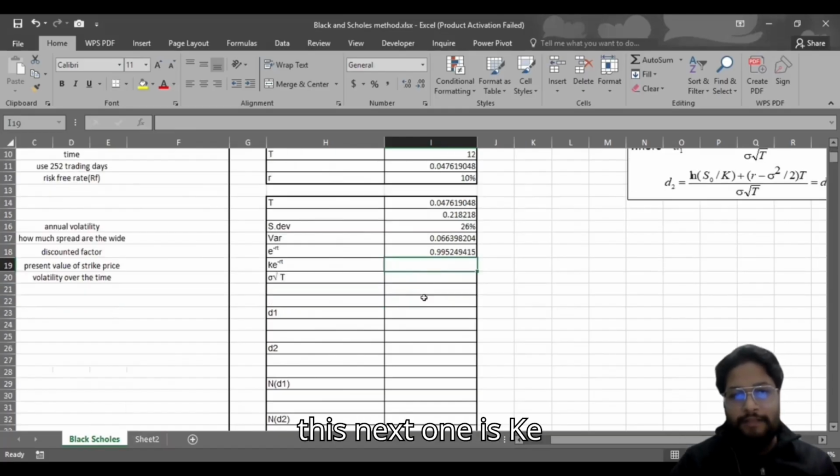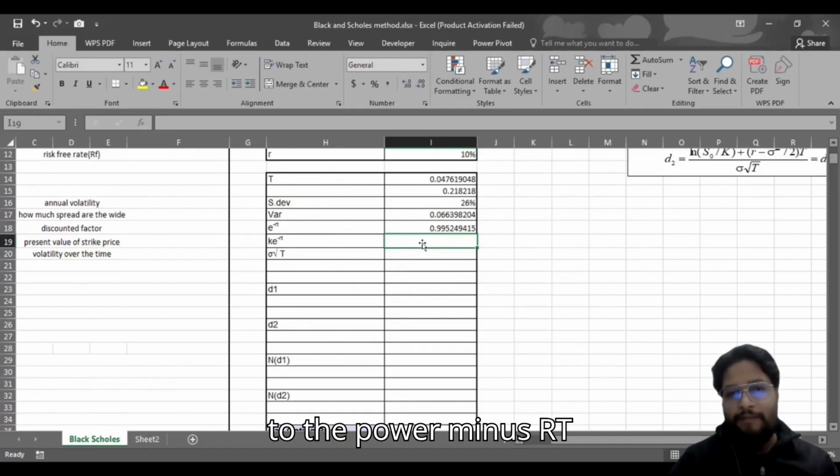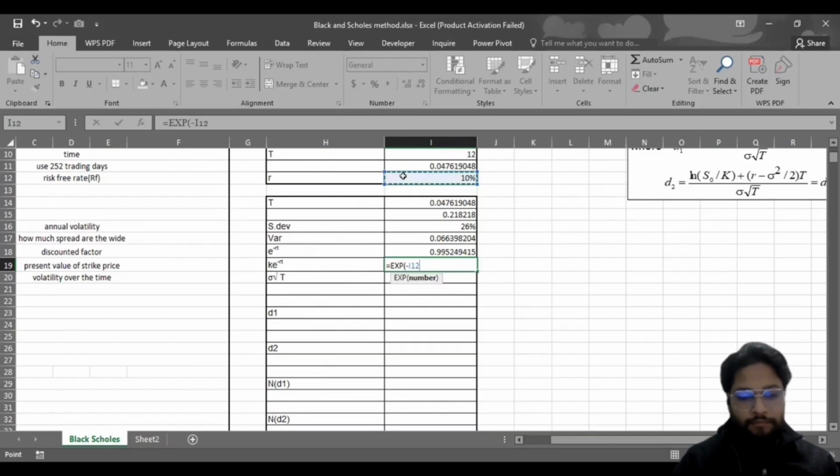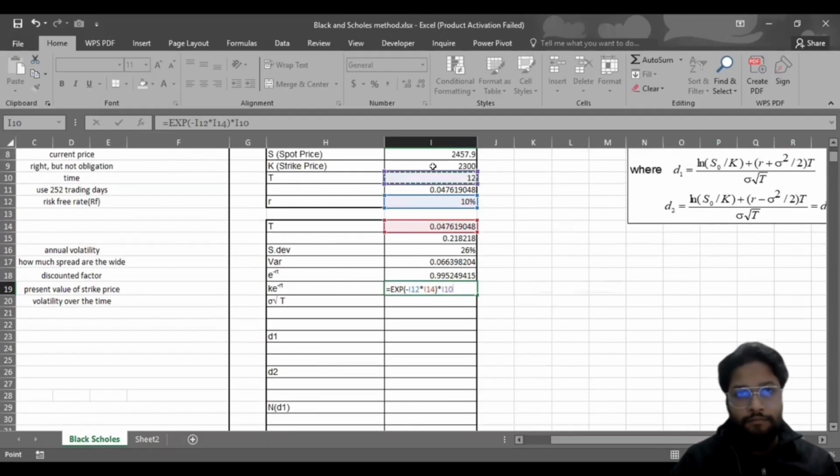And the next one is K e to the power minus rt, so exponential of minus rt.